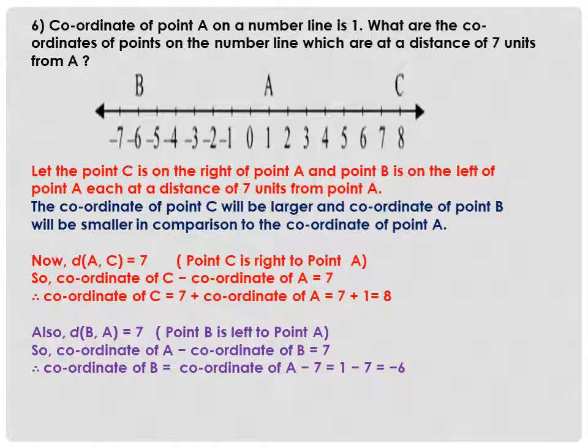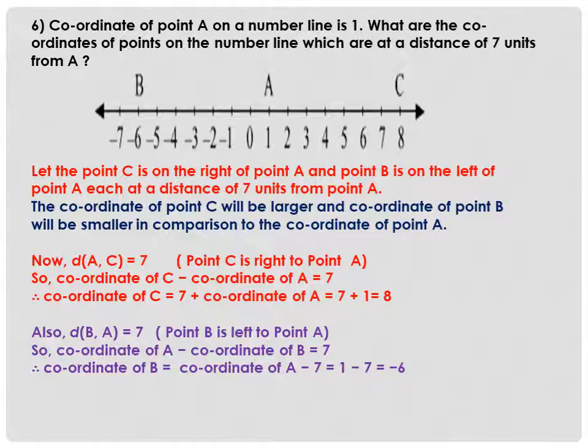We want to find the coordinate of B, but it is minus, so it goes to the right and becomes plus, and 7 comes to the left and becomes minus. Means you will get the coordinate of B equal to the coordinate of A minus 7. But the coordinate of A we have is 1. Then 1 minus 7 equals minus 6.